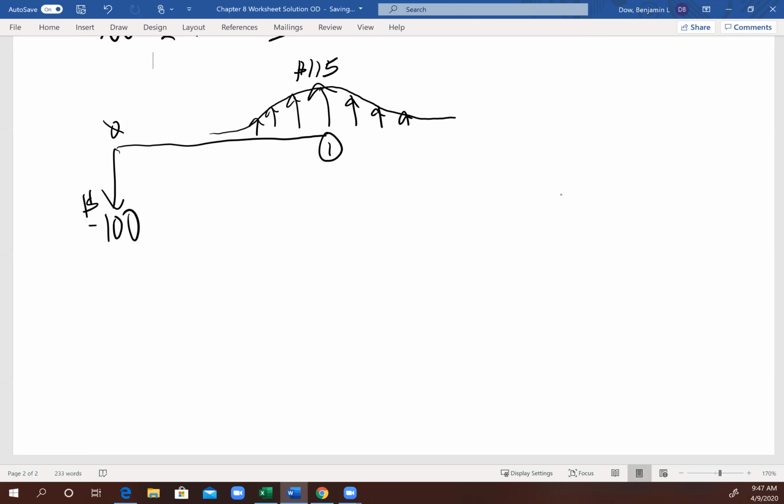Then 115 is only one of any possible number of outcomes. If things go really well and the economy is strong, maybe we get back $120. Or if things go south, maybe we get back 110. Or if something dramatic happens, maybe we get back $80. Or something unbelievably good happens, maybe we get back 140. Most things in business follow this.